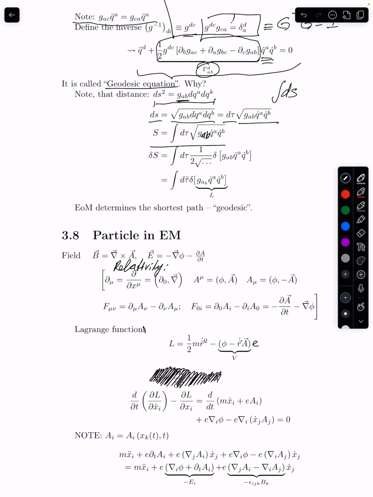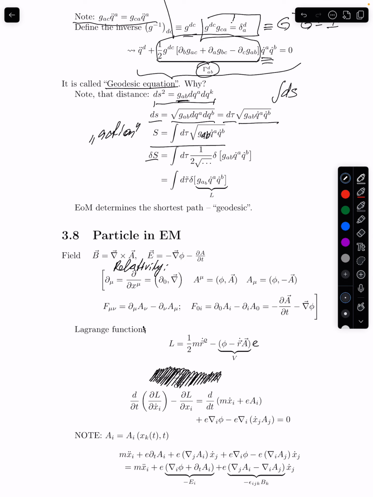This is what I want to vary. Let's call this an analog of action. I would like to vary this to find the shortest path between two points in Riemannian geometry.